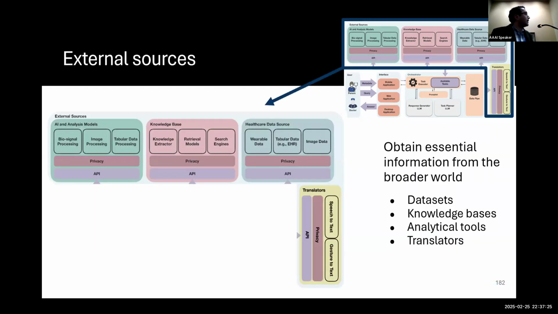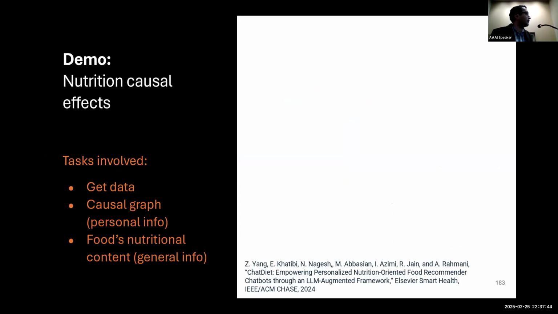So the external sources could be AI and analysis models. It can be a knowledge base. It can be a healthcare data source. All of these can be external sources that the agent uses to end up with the final response.